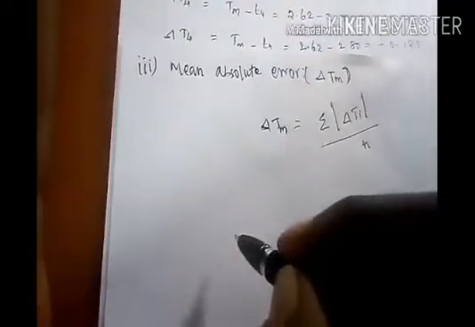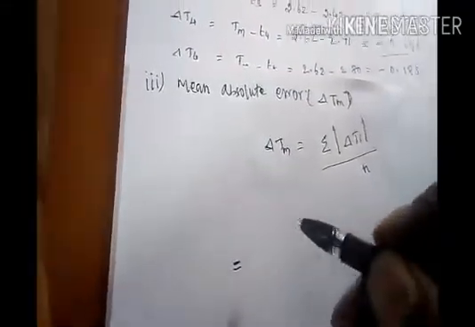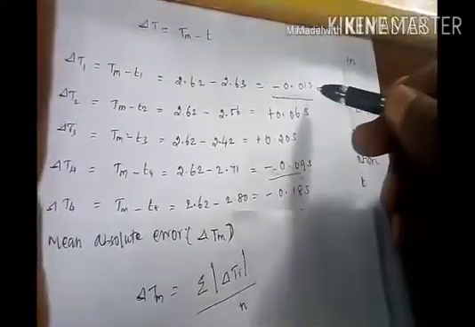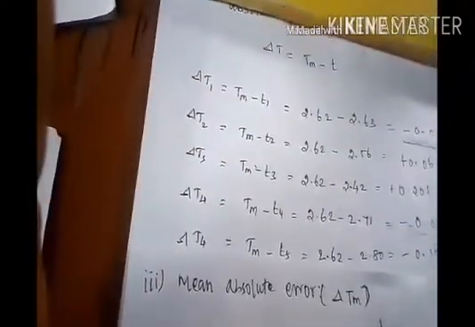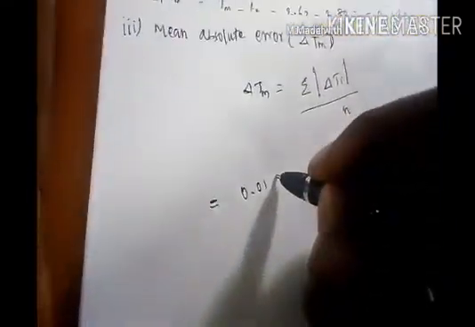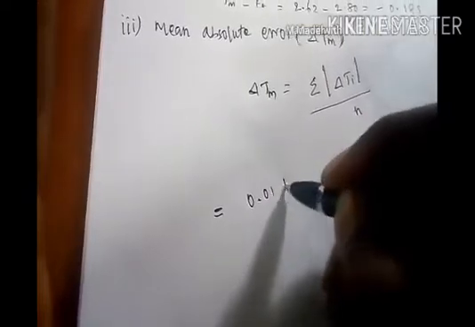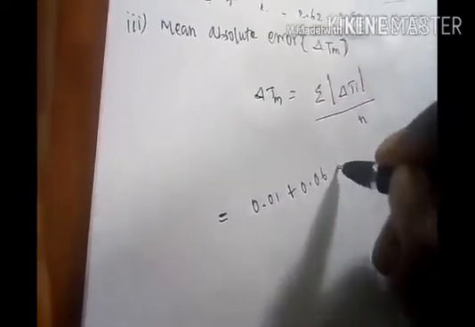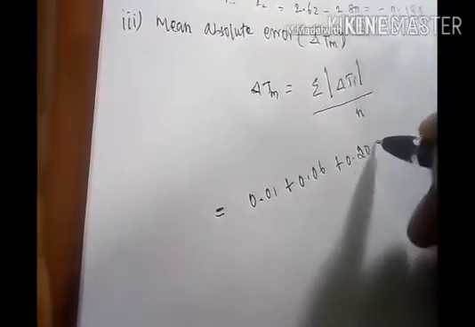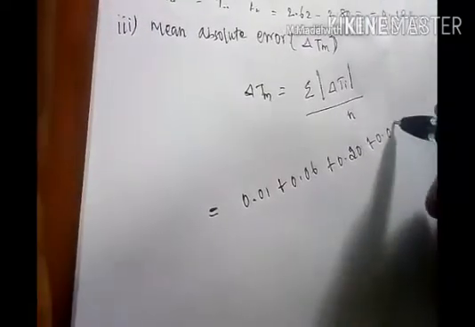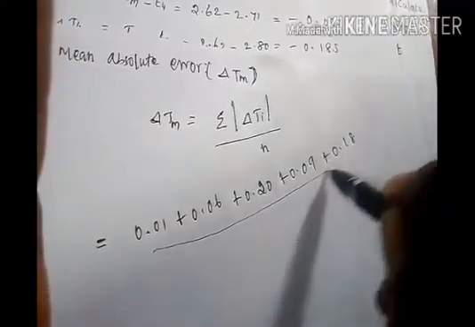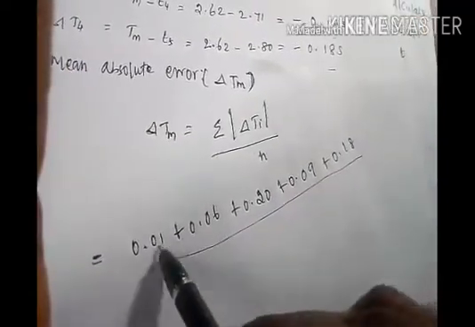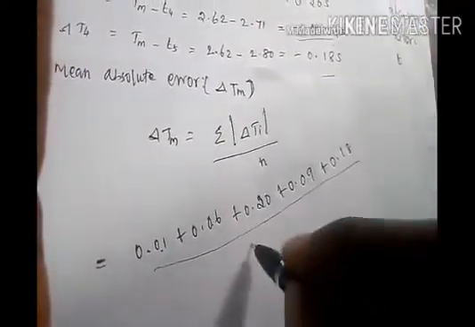So here, the negative absolute error values we consider as positive: 0.01 plus 0.06 plus 0.20 plus 0.09 plus 0.18, divided by the number of trials, 1, 2, 3, 4, 5.